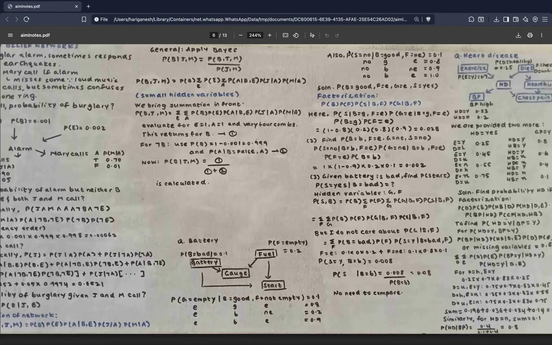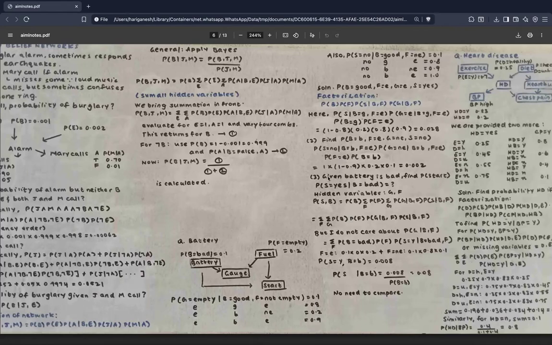So just a small note, if we're computing probability of starting is yes, given battery is good and fuel is non-empty, then you have to subtract this from 1, because the probability of S being yes given this whole thing is 1 minus whatever probability is here. So similarly for any of these rows, if start is yes, then you just have to subtract from 1. Same here, right? If the G is non-empty, then you have to subtract from this column of values. So that is how you calculate this sort of question.